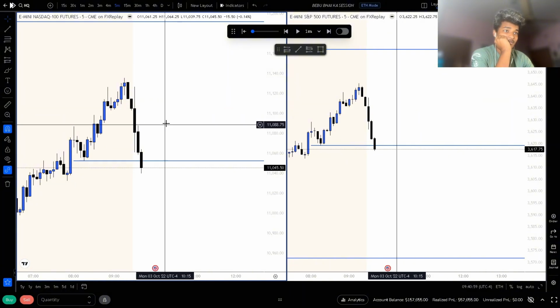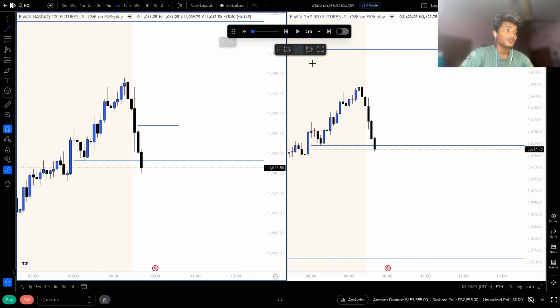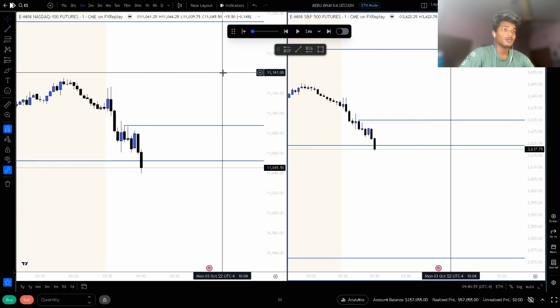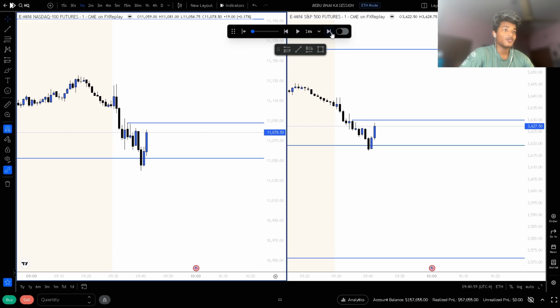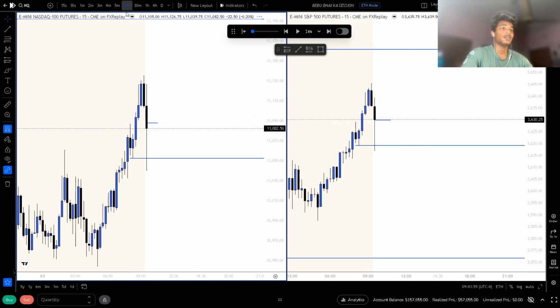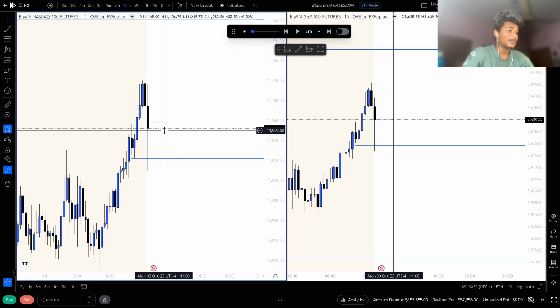So we have these 5 minute gaps above us. I'm gonna mark them, and let's see what will happen now. So the market ended up mitigating the 5 minute gap, and we are inside this 15 minute bullish gap as well.